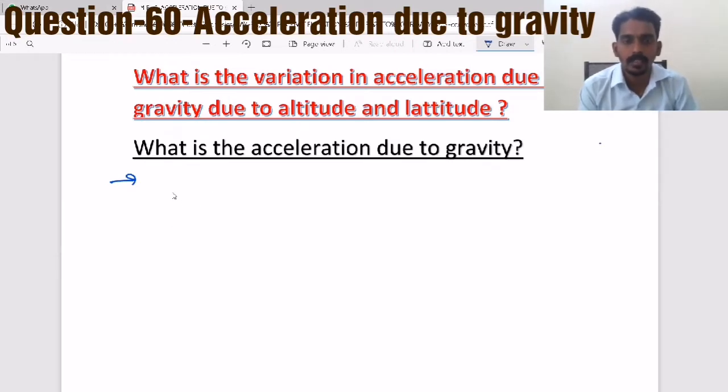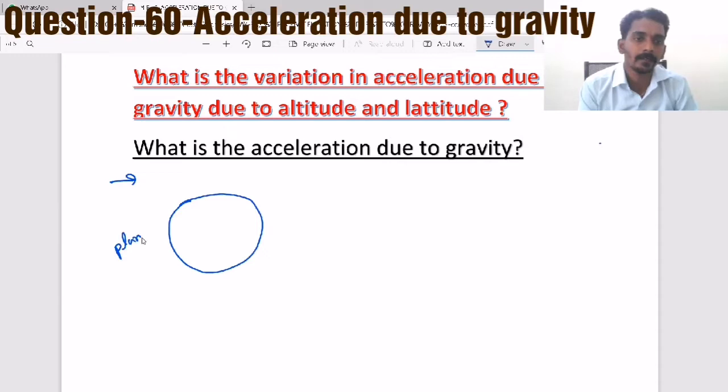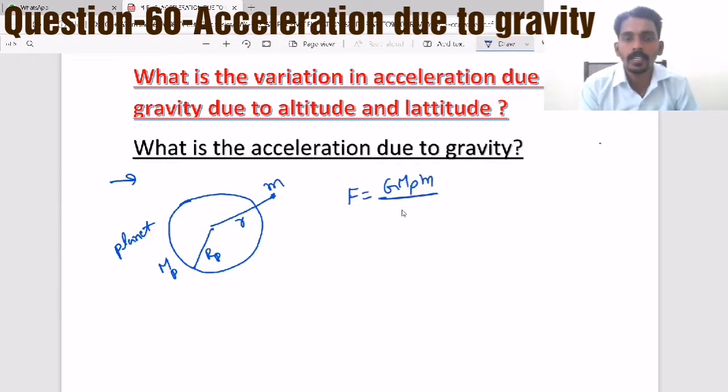First thing. When you consider any planet, consider a planet of mass mp and of radius rp. Now, at any distance r, if you consider a mass m, then the gravitational force is given by GMm by r square.